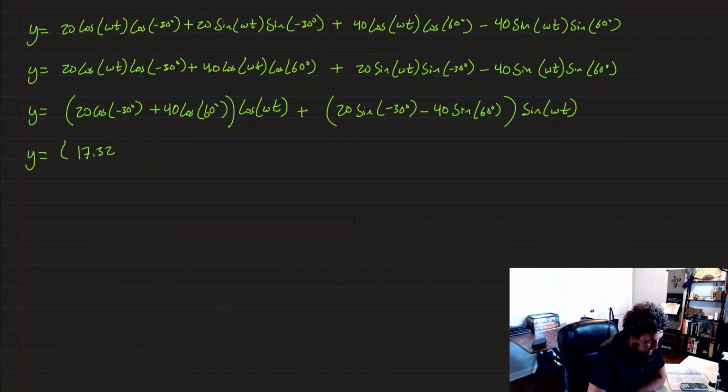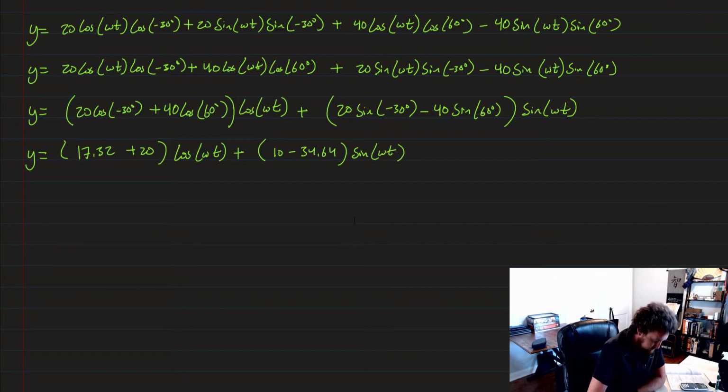17.32 plus 20 times the cosine of omega t plus 10 minus 34.64 times the sine of omega t.